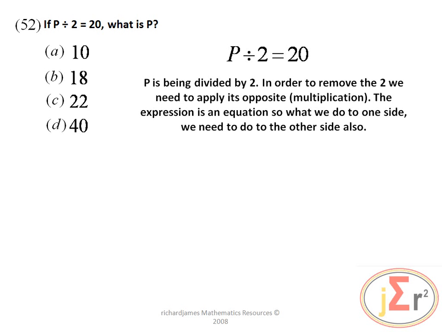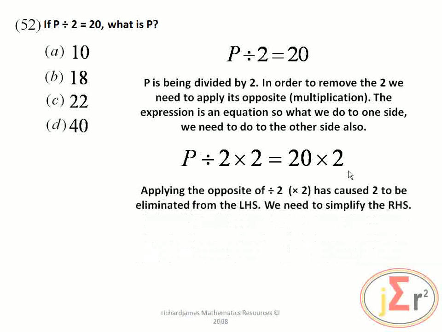So we need to eliminate the 2, and we are going to apply the opposite of division, which is multiplication. But we need to do that to both sides because we are dealing with an equation. So there we have it. P divided by 2 multiplied by 2, and of course 20 multiplied by 2.